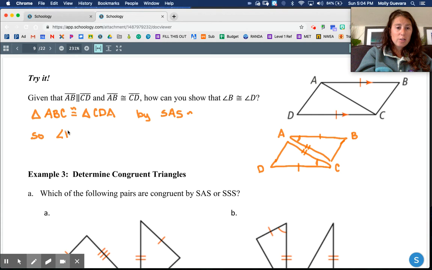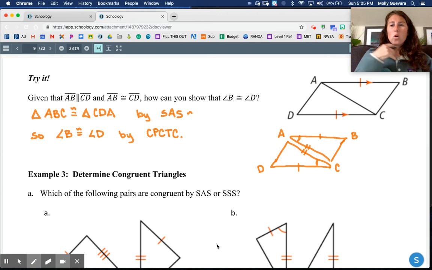Yes. Angle B is congruent to angle D by, and this is where our CPCTC comes in, corresponding parts of congruent triangles are congruent. So I was able to prove that these triangles were congruent. Therefore, I was able to show that angle B and angle D are also congruent.